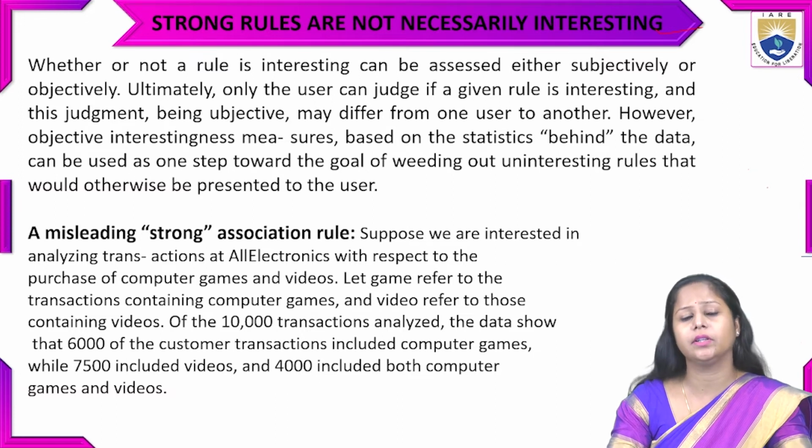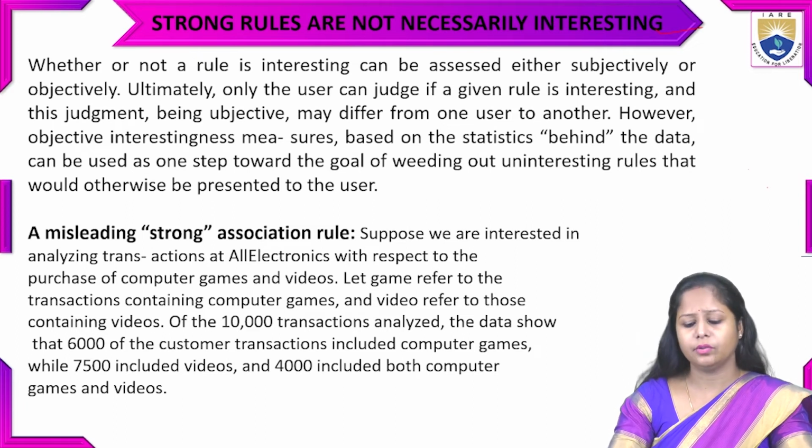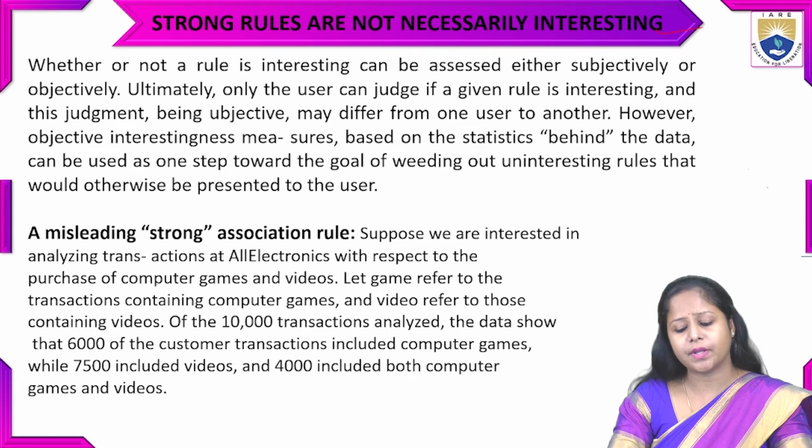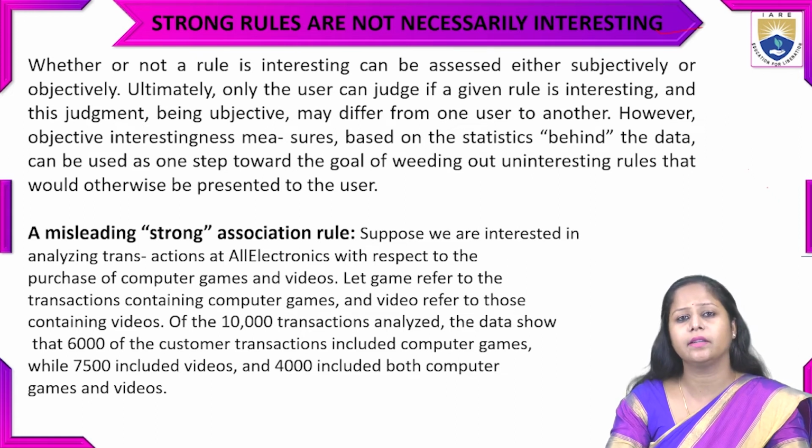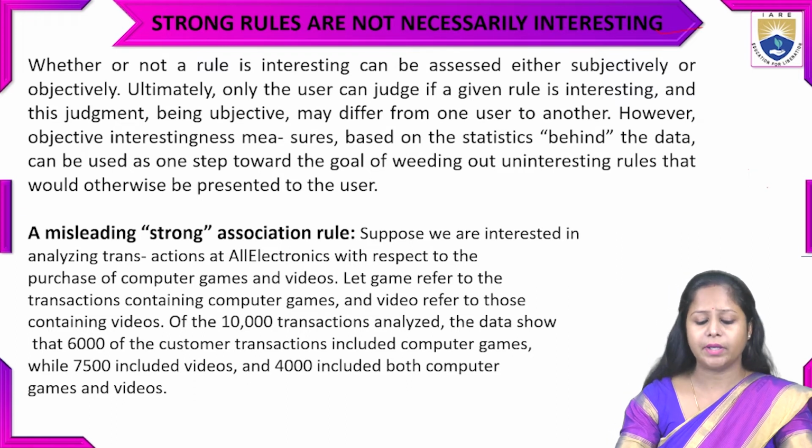It depends on the user. For the end user, if he or she does not find the rule interesting, only his or her judgment matters. Being subjective may differ from one user to another. That is a human tendency. If someone likes a rule, another person may not like that same rule.